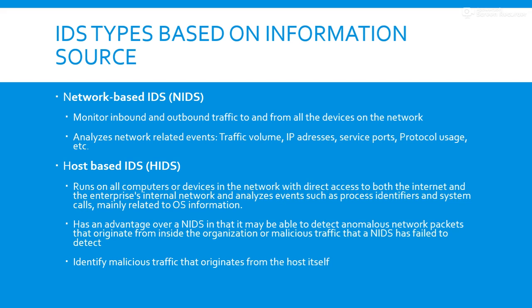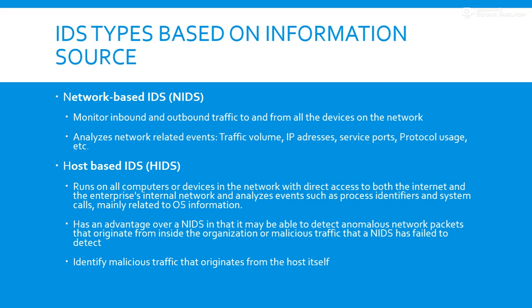On the other hand, host based IDS runs on all computers or devices in the network which have direct access to both the internet and the enterprise's internal network. Host based IDS has an advantage over network based IDS in that it may be able to detect anomalous network packets that originate from inside the organization or malicious traffic that NIDS has failed to detect.